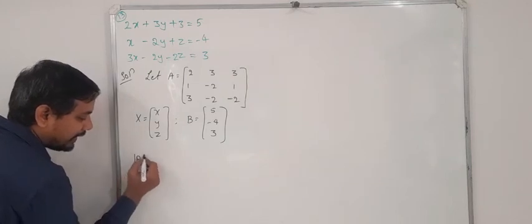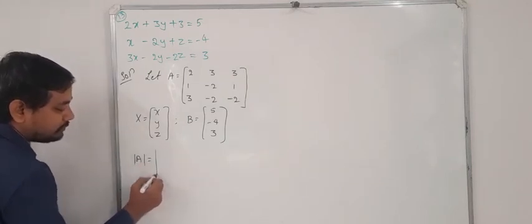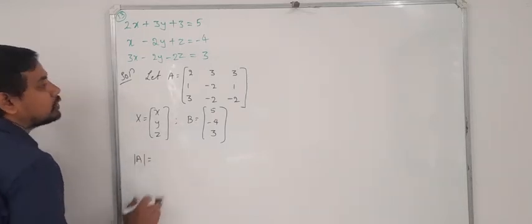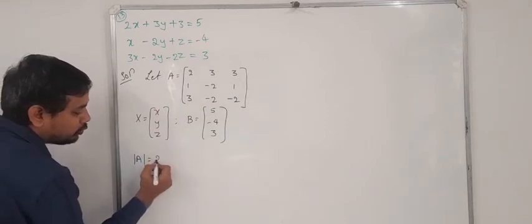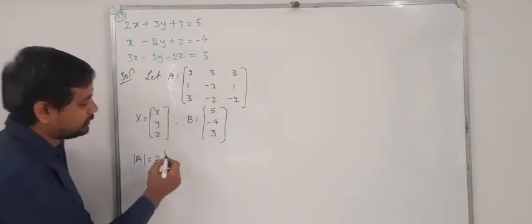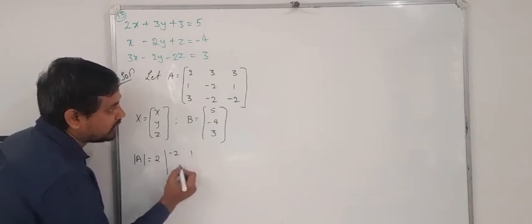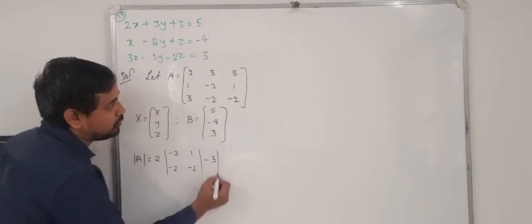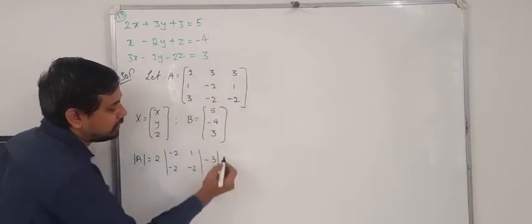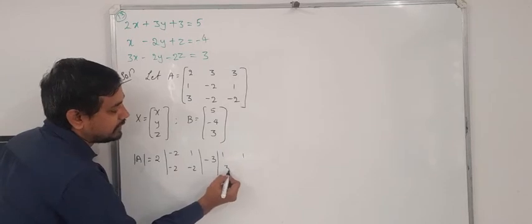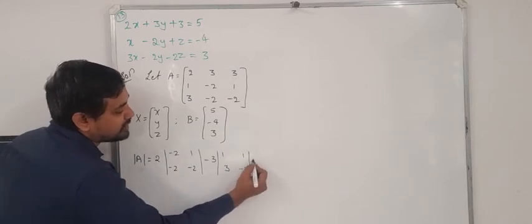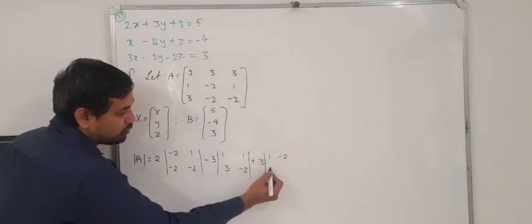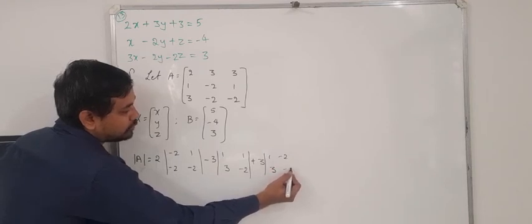So determinant A: expanding through the first row, 2 into the determinant of minus 2, 1, minus 2, minus 2, minus 3 into, leaving the row and column, the determinant of 3, 1, 1, 3, minus 2, plus 3 into, leaving first row and third column, the determinant of 1, minus 2, 3, minus 2.